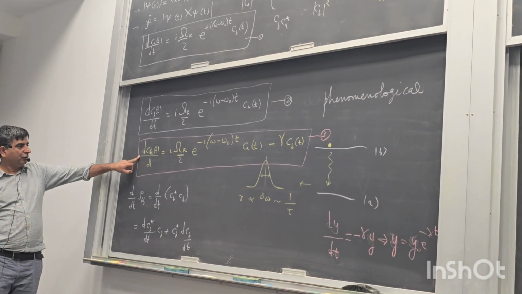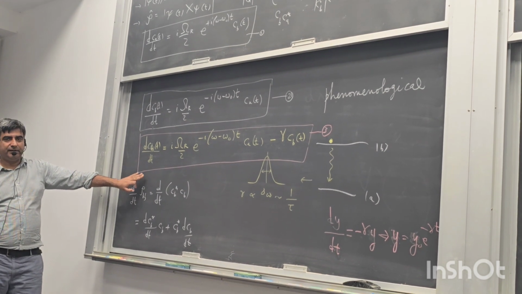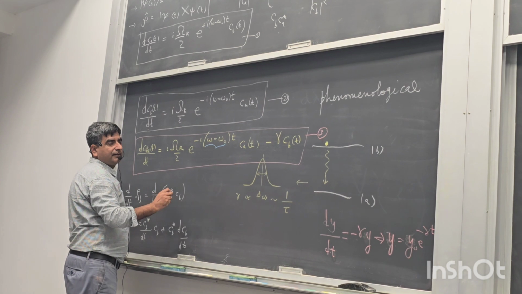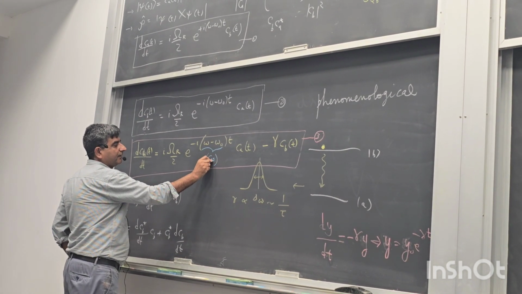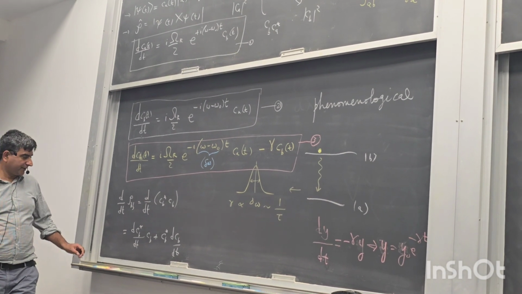Okay, now I look at this equation and just insert these values. So what I do next is I assume that this thing is delta omega. I just write it in shorthand as delta omega.